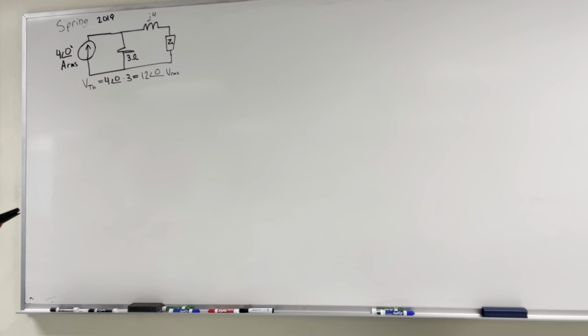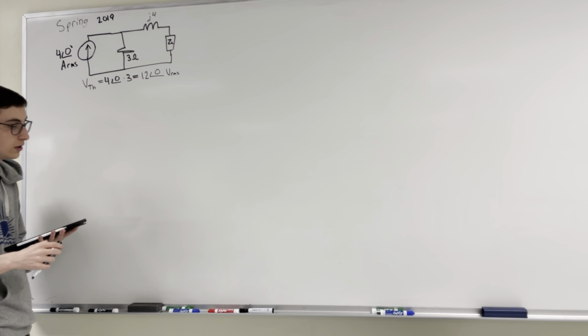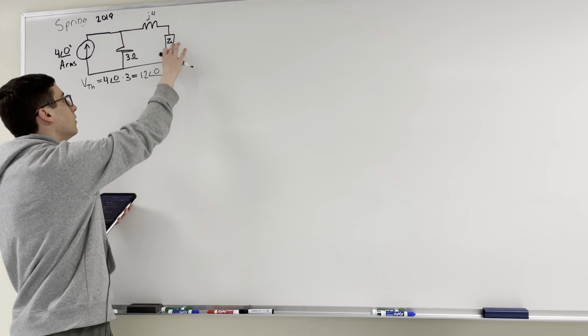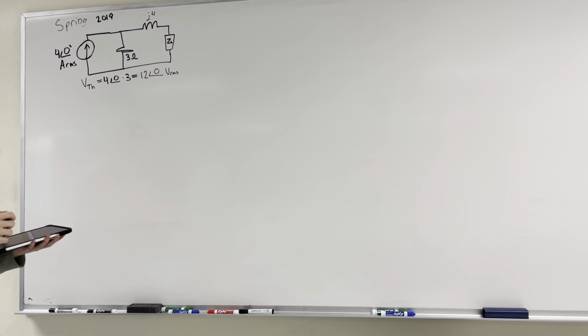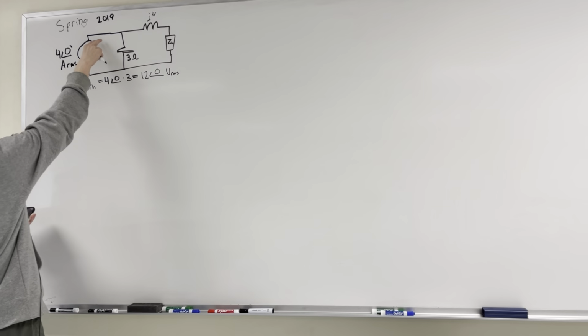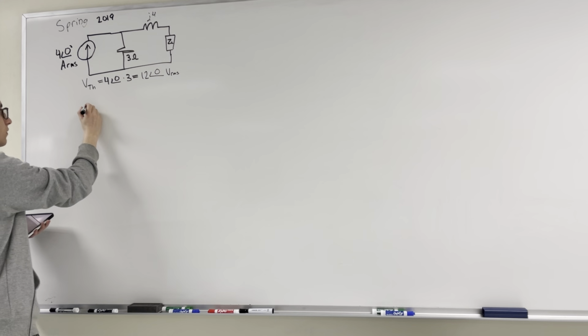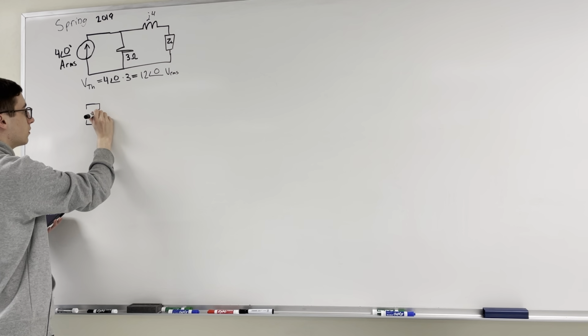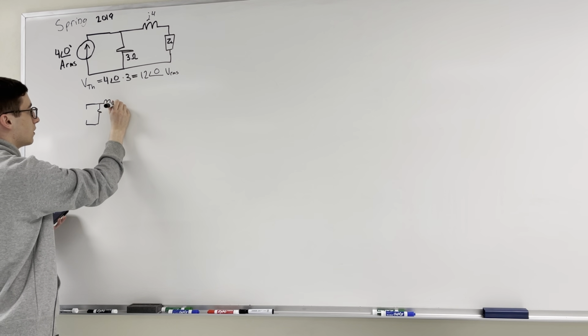And now we want to find ZTH, the equivalent resistance with respect to ZL. To do that, we simply have to turn off this current source. So you'll have an open circuit, and then you'll have this resistor and the inductor.